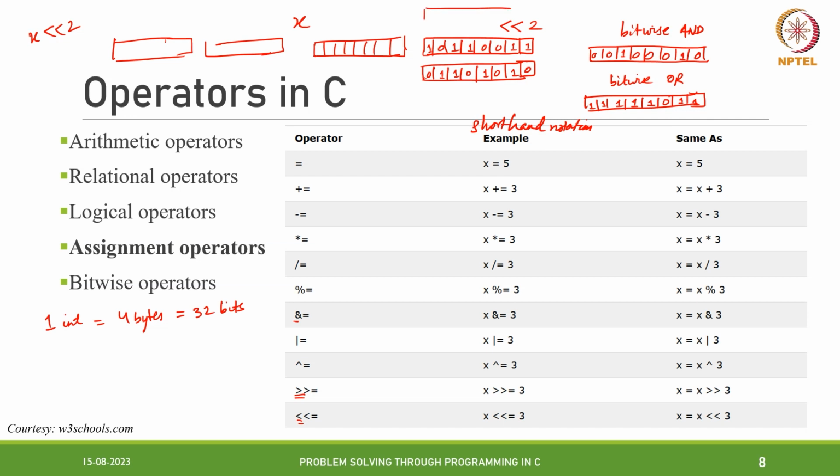So it will happen something like this. The last 2 places will become 0, and this one will be left shifted by 2, so it will come here. Then you will have all the same. So everything will be shifted by 2 units to the left. Do you get what it does?